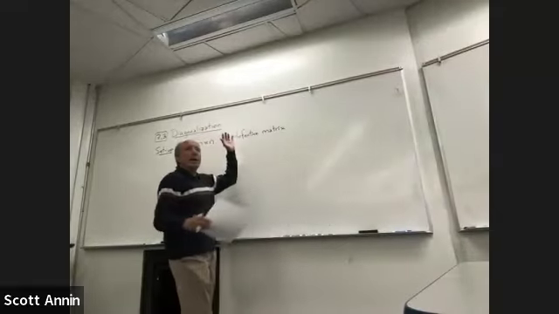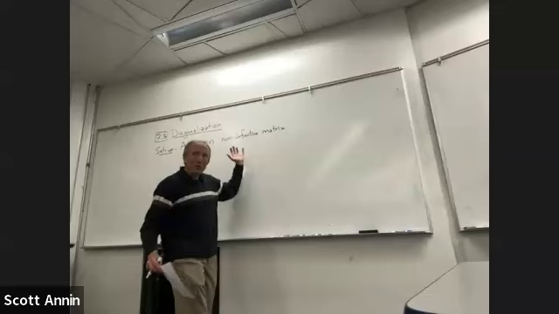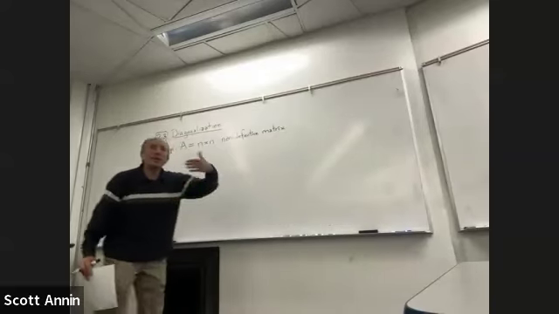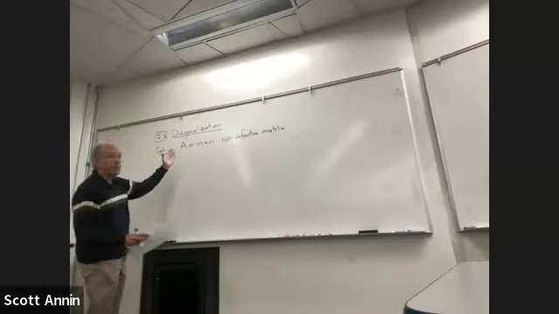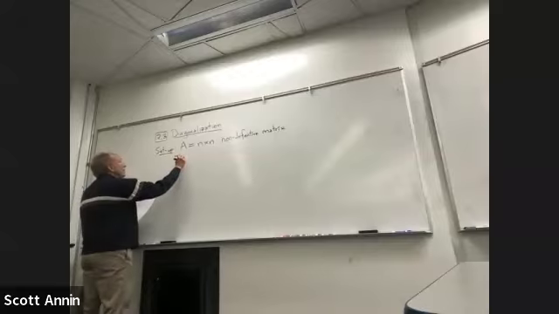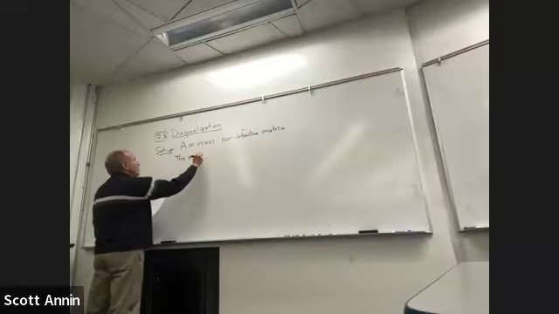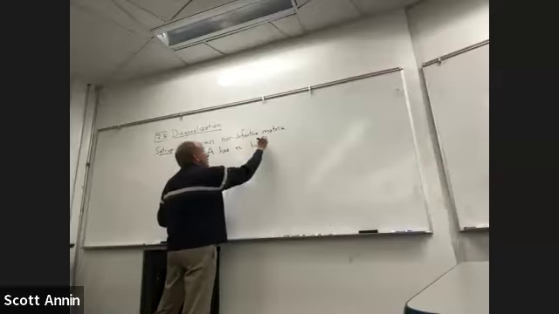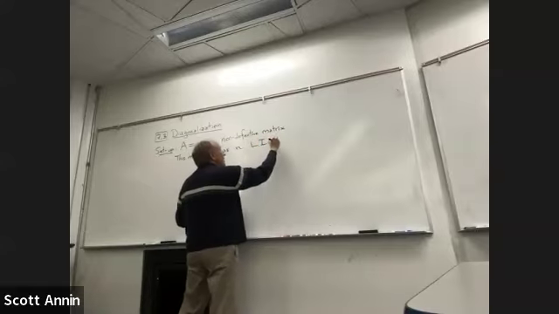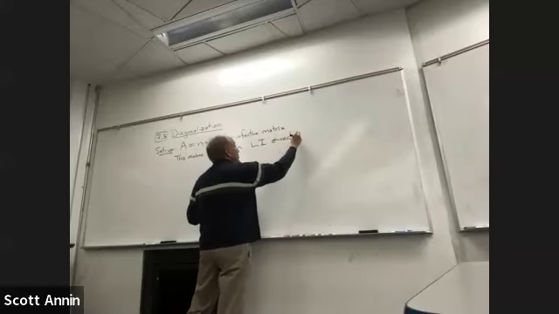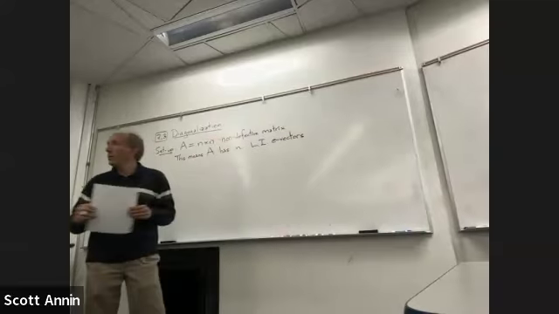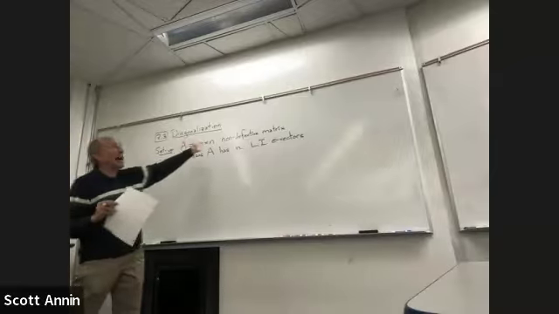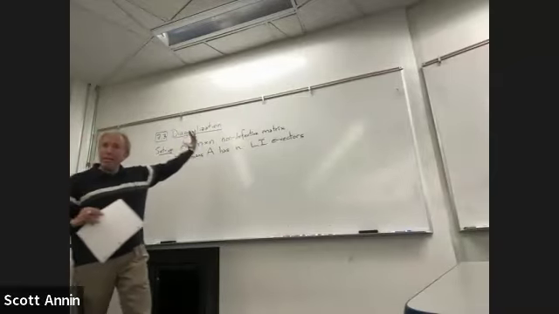That means that every eigenvalue pulls its weight, which in total means that A has n linearly independent eigenvectors, because there's going to be a total of n eigenvalues for an n by n matrix.